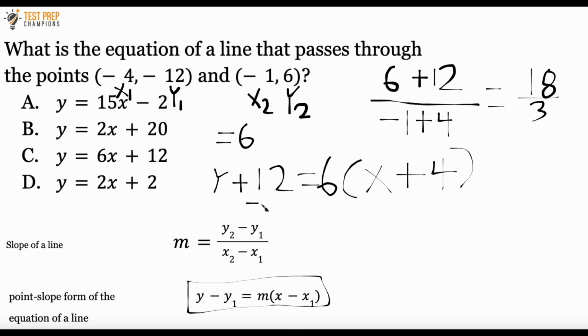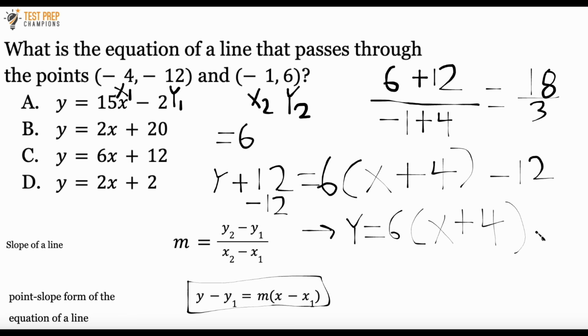So what I'm going to do is subtract 12 on both sides. So I subtract 12 on both sides, and I'm going to rewrite this. So when I rewrite, I'll have y equals 6 times x plus 4 minus 12. And next, what I'm going to do is distribute the 6. So what I mean by that is I'm going to do 6 times x, which is 6x. Then I'm going to do 6 times 4.